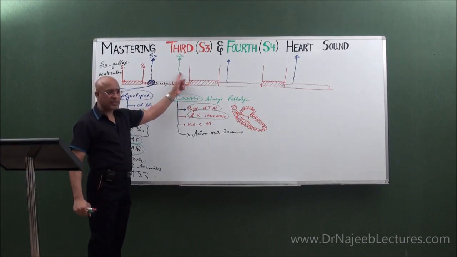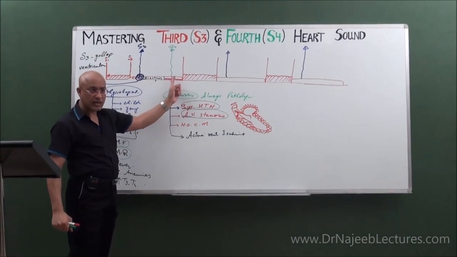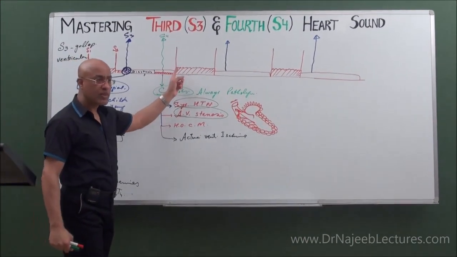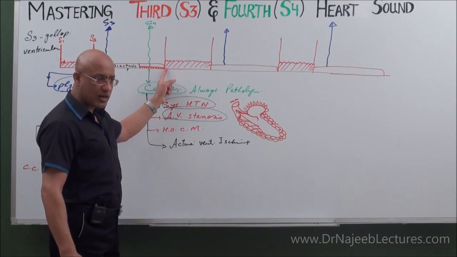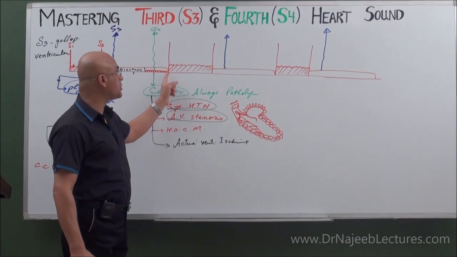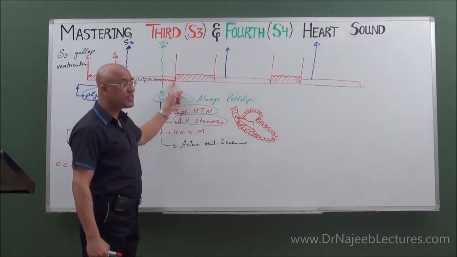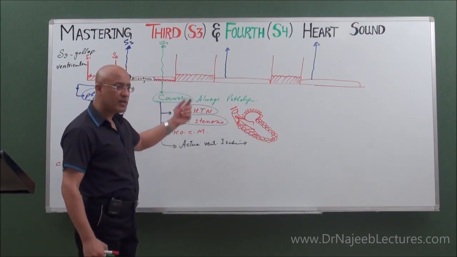Same with S4. S4 may be confused with split S1. S4 comes just before S1. So you may hear S4 just before S1, or you may be confused by the double sound which you hear at the onset of ventricular systole, which may be a split S1. Very simple.